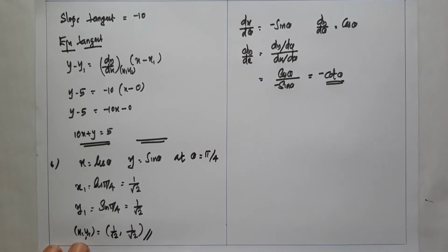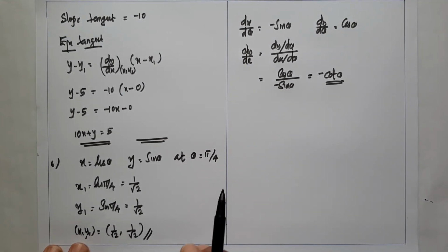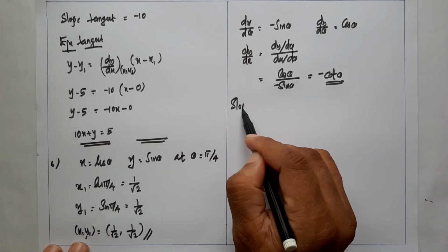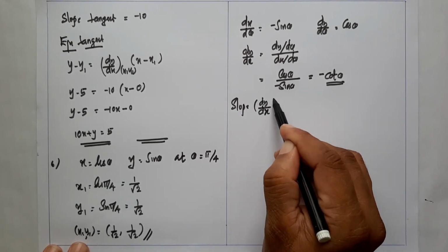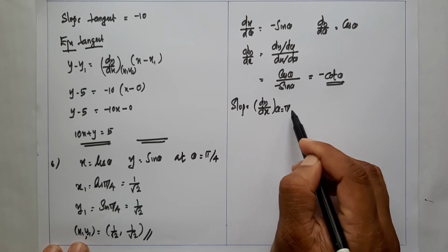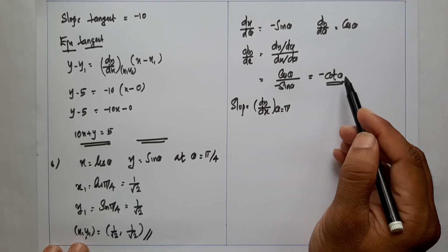That is not the slope of the tangent, it's only the derivative dy by dx. Now we find the slope of the tangent: dy by dx at theta is equal to pi by 4.